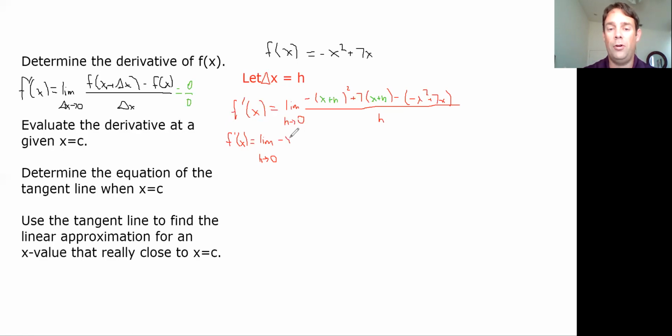So when I multiply this all the way out: negative x squared minus 2xh minus h squared plus 7x plus 7h plus x squared minus 7x. And again, you guys can go through and do all the multiplication yourselves. And by crossing out some like terms here, I end up with f prime. Oopsies, you didn't do that.